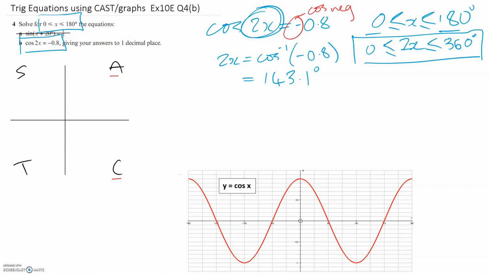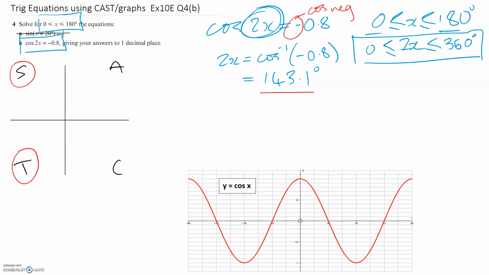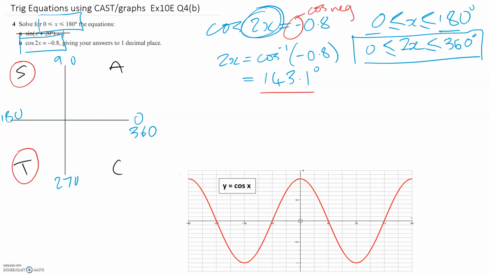So the regions where cos is negative are here and here. Okay, now our calculator's given us one value, which was 143. So 0, 90, 180, 270, 360. So 143.1 is going to be between 90 and 180.